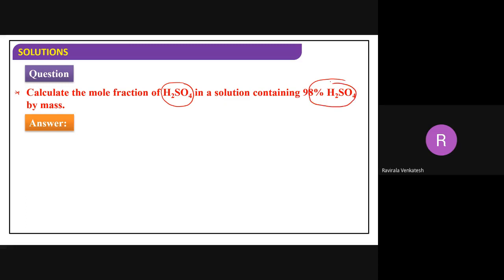They are saying 98% by mass. You have to take 98% of mass, how much weight of H2SO4 that will be. You take H2SO4 as the solute, based upon whatever method you are having.